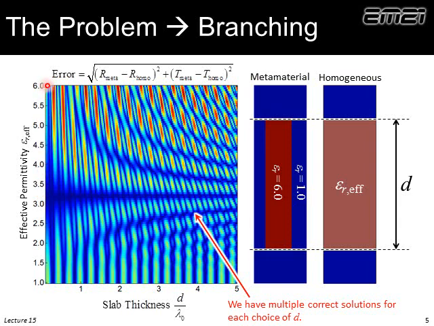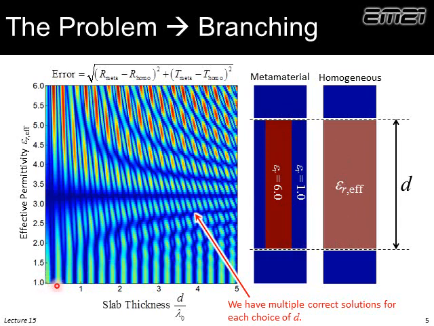And so then I pick an effective dielectric constant, calculate the transmission and reflection using a technique like transfer matrix method, and given those, R homogeneous and T homogeneous, I calculate an overall error. And what you're seeing here is the error of doing that. So I'm increasing at the same time both the thickness of the grating and the thickness of the slab so that they're both the same.